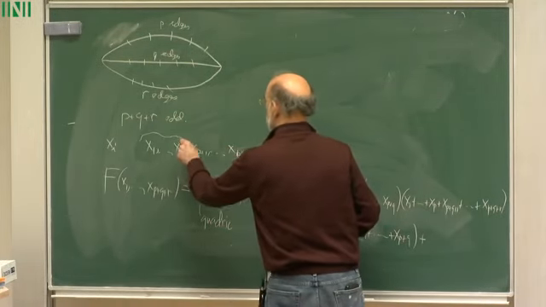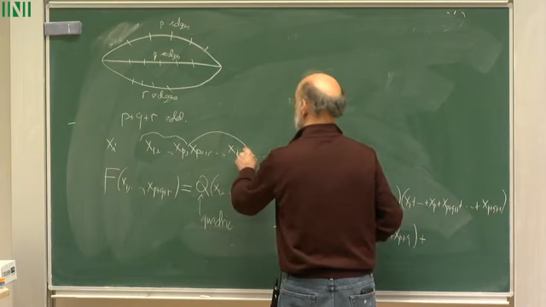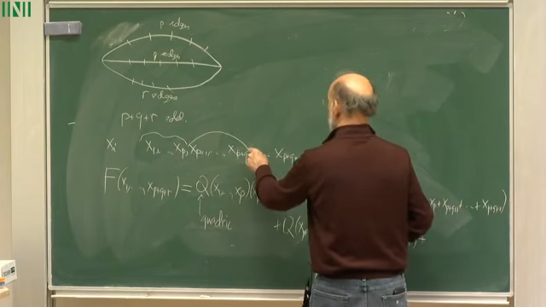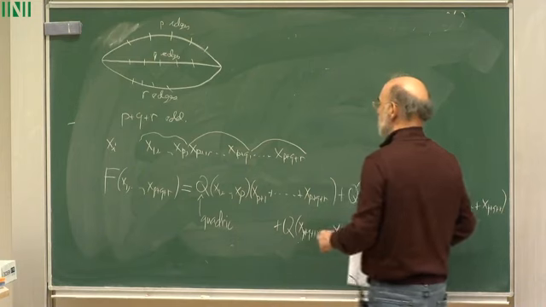I have the indices 1 to p, then p plus 1 to p plus q, and then the rest.